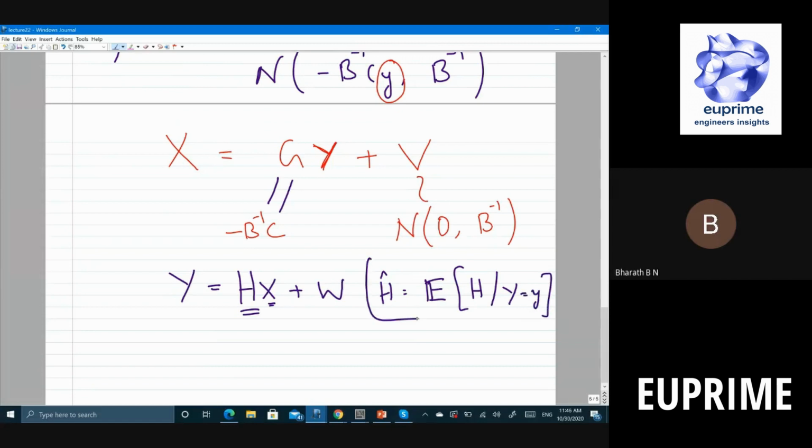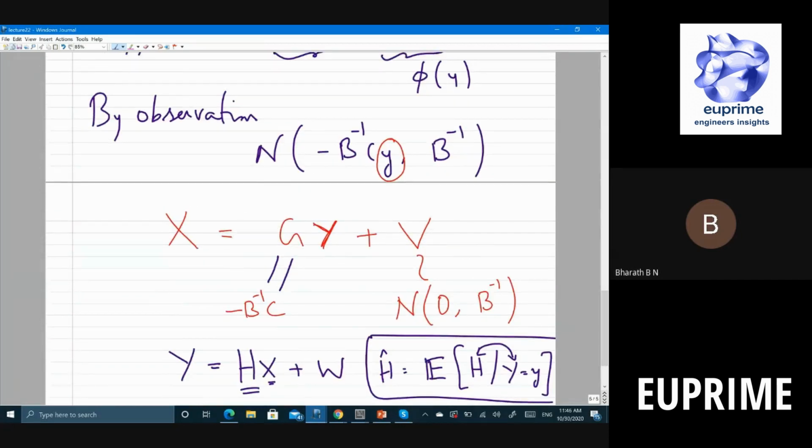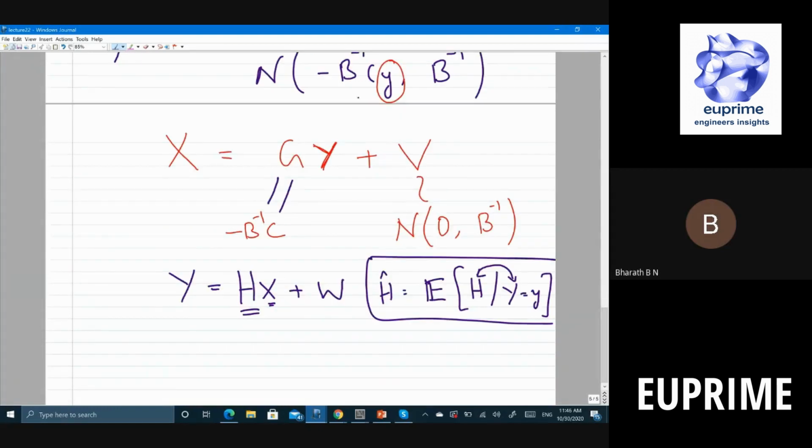So this will turn out to be an MMSE estimate. If I know the joint distribution of h and y, which turned out to be Gaussian with certain covariance, then the conditional distribution of h given y will also be Gaussian with certain mean and covariance, which can be found using these expressions. The expected value of that is a term like B inverse Cy. So essentially h hat is some constant matrix A times y. That will be your MMSE estimate of h.